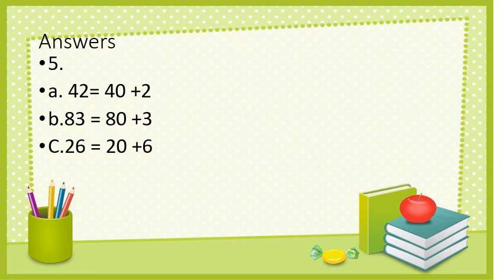C part, here the number is 26. Children, 2 is at tens place. So its place value is 20. And 6 is at ones place. So its place value is 6. So children, the expanded form of 26 is 20 plus 6.